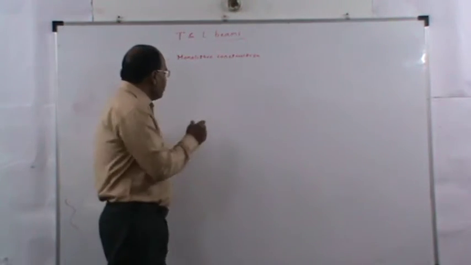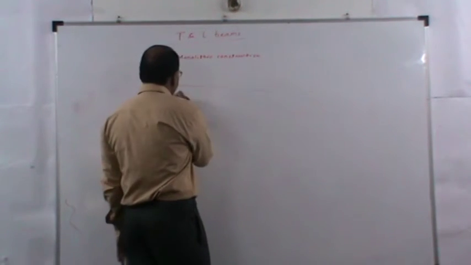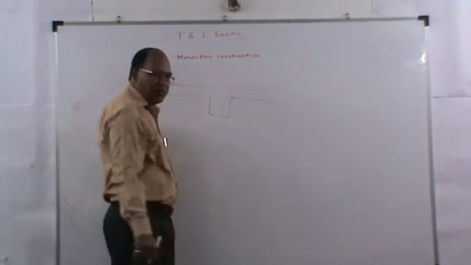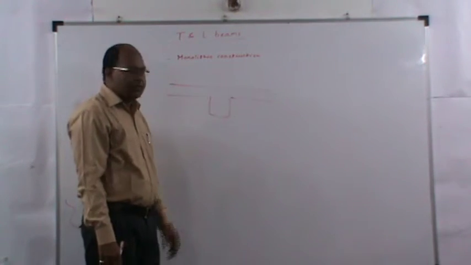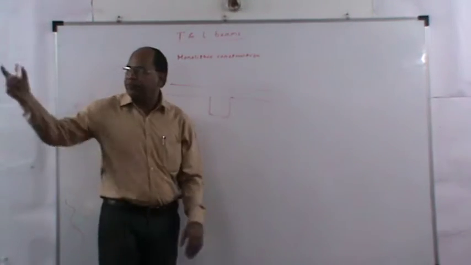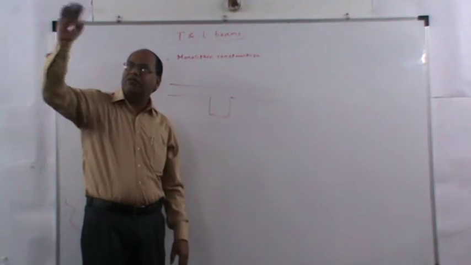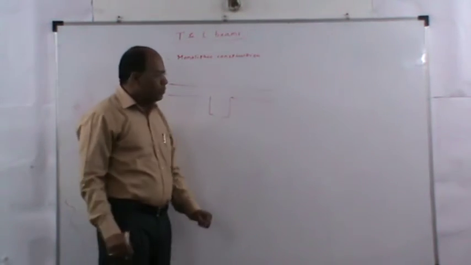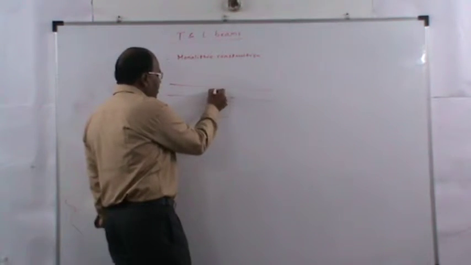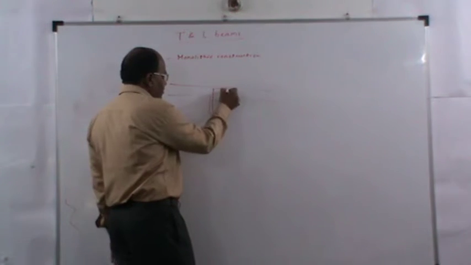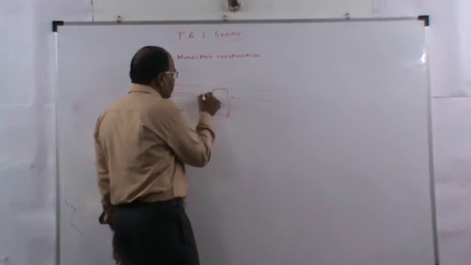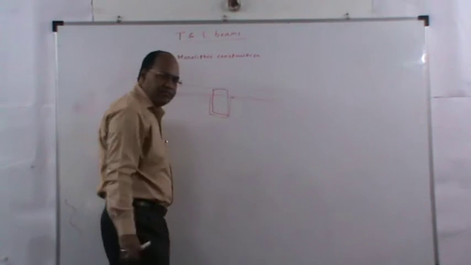Secondly, suppose this is the slab and this is the beam. So slab is lying on this side. Suppose the beam is over here. The slab is on this side as well as slab is on that side also. What happens is that the reinforcement for beam is like this. And reinforcement for slab goes into the beam like this.